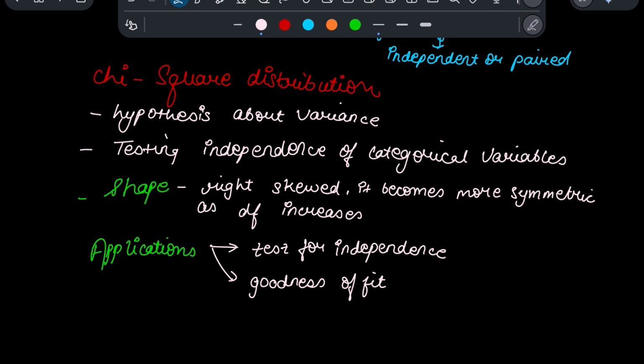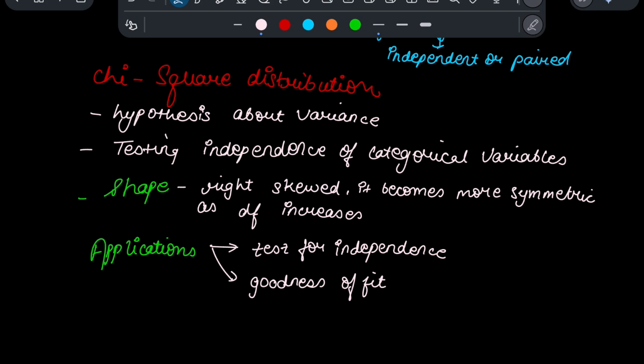Talking about the main differences: the t distribution is for mean inference with small samples, while the chi distribution is about variance, independence, and goodness of fit. The shape of the t distribution is symmetric, bell shaped, with heavier tails, while the chi distribution is right skewed and becomes symmetric with large degrees of freedom.